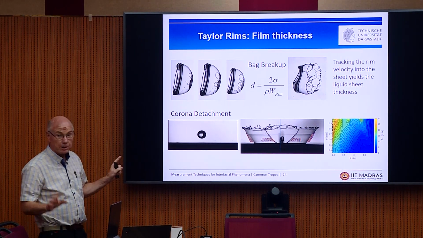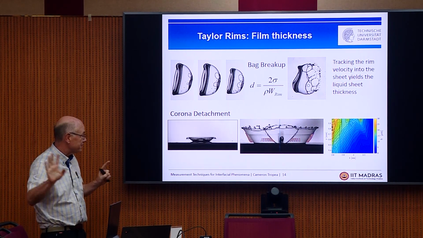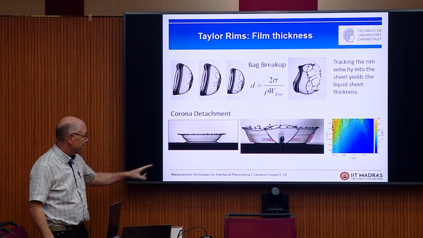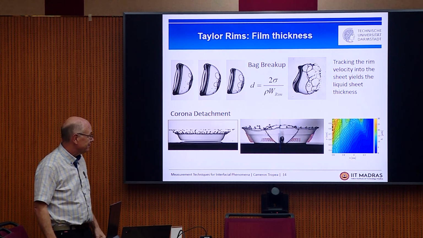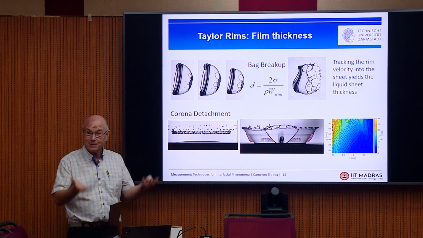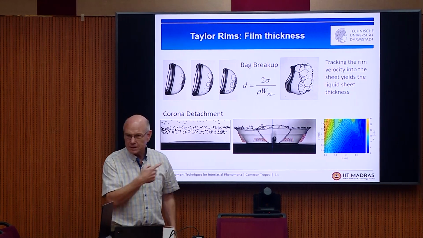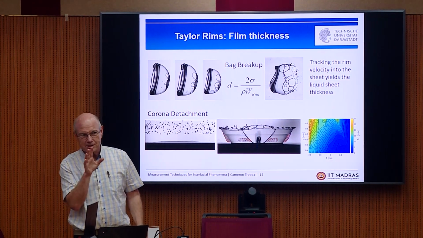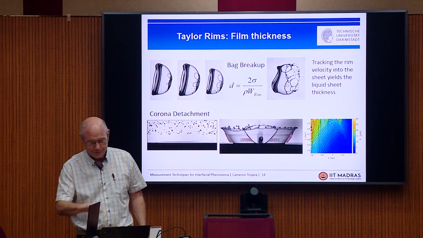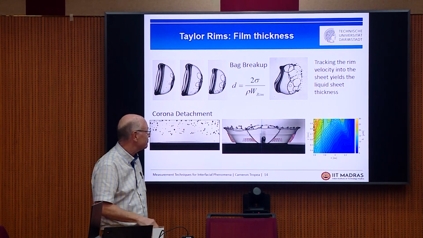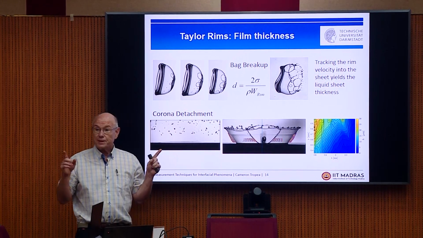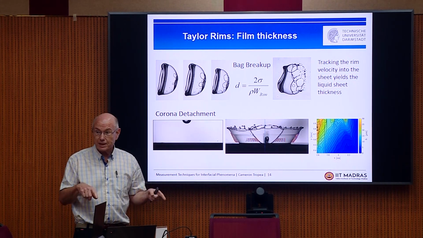So watch this one. This is corona detachment. It has nothing to do with COVID. Now, the Taylor rim eats up the sheet. This was already 2017, so it has nothing to do with COVID. We were doing this corona detachment before. But now we're back to measuring techniques.